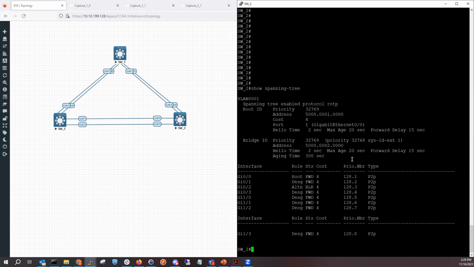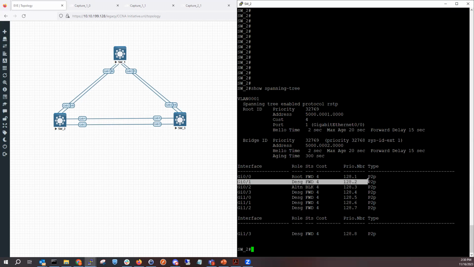The odd numbers are connected to switch three. The even numbers, 0 and 2, are connected to 1. So let's look at 0 first. That's our root port. That's connected, that's all good. Then we have gigabit 0/1 that's connected directly to switch three.